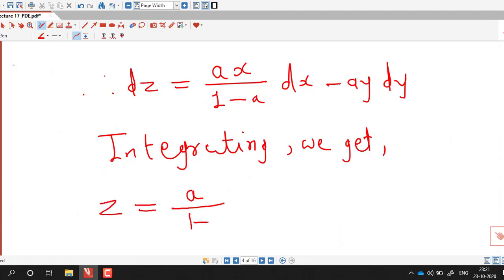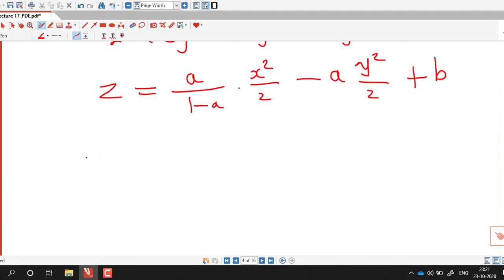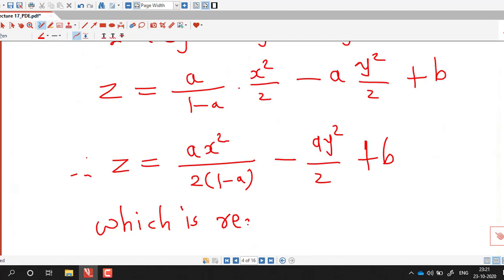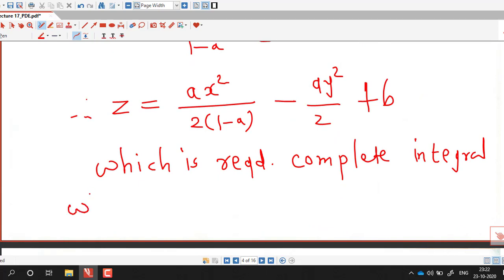Here a upon 1 minus a is constant, integral of x is x square by 2, similarly a as it is, y square by 2 plus b. So this is the required complete integral. This we can rewrite as a x square over 2 times 1 minus a, minus a y square by 2, plus b. So this is the required complete integral, where a and b are arbitrary constants.